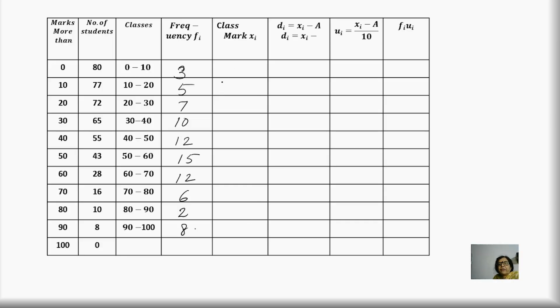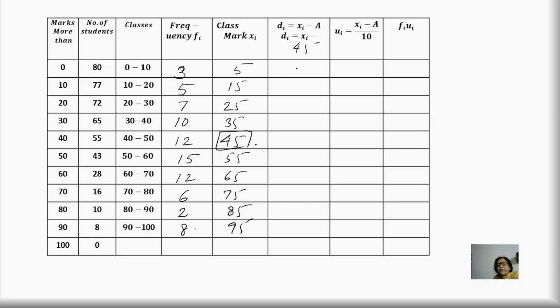So next we find out the class mark as in the previous case. So we get here 5, so this will be 15. The next ones will be 25, 35, 45, 55, 65, 75, 85, 95. Next what we do is choose a particular assumed mean. Again I am taking 45.